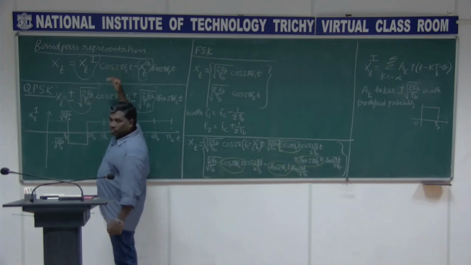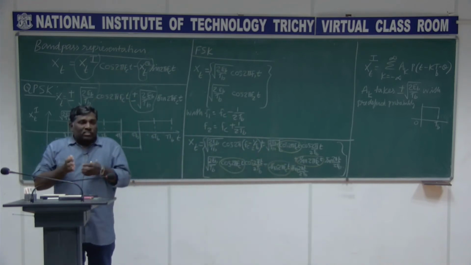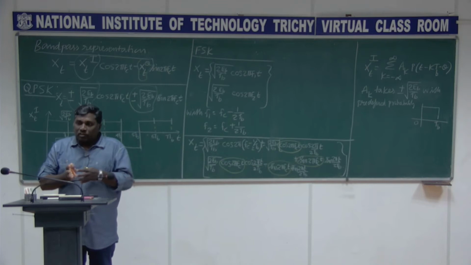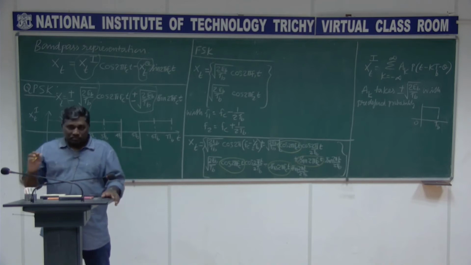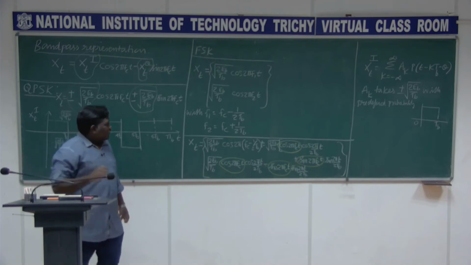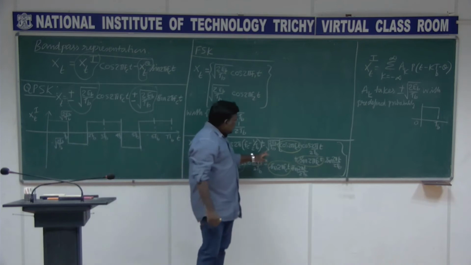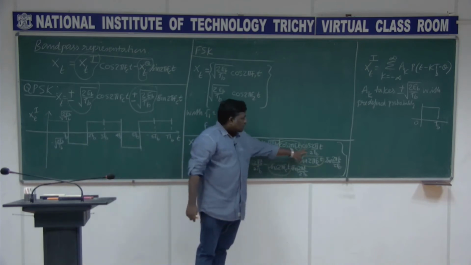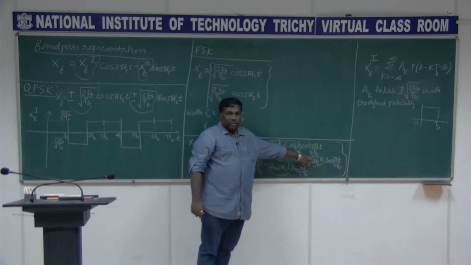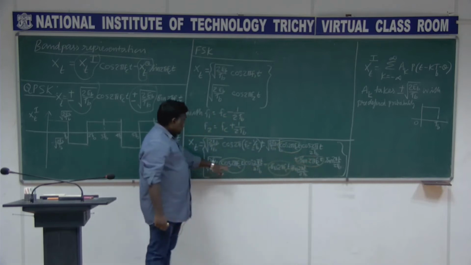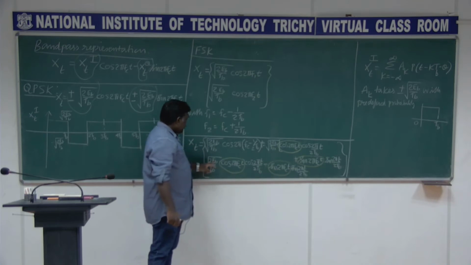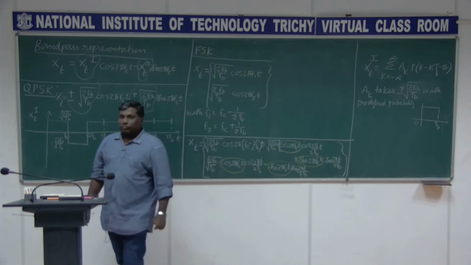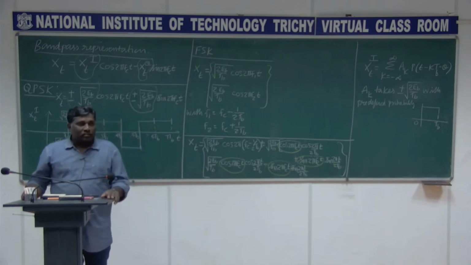Whatever is there, that is the coefficient of cos 2 pi FCT, whatever the term is getting multiplied, so that I can view it as what? XTI, isn't it? So here this XTI is what? Root 2 EB by TB cos 2 pi T by 2 TB, and here it is the same thing, cos 2 pi T by 2 TB into root of 2 EB by TB, isn't it?